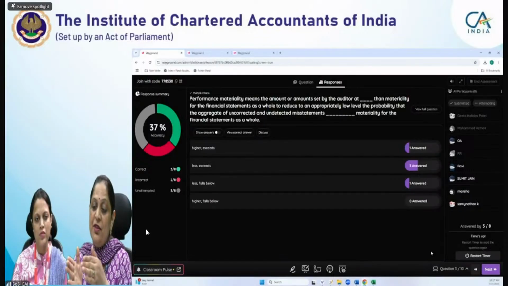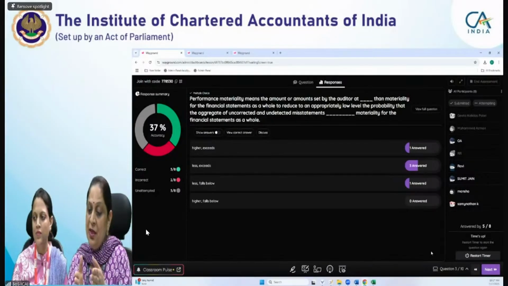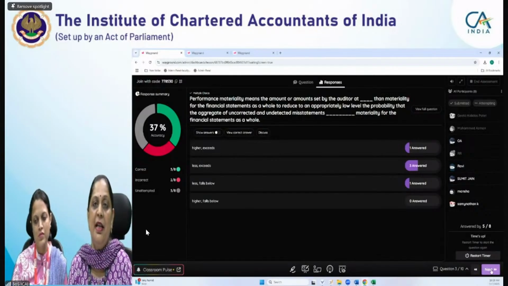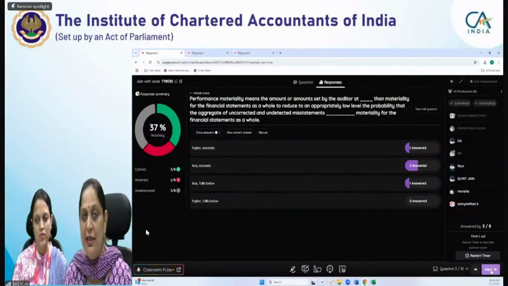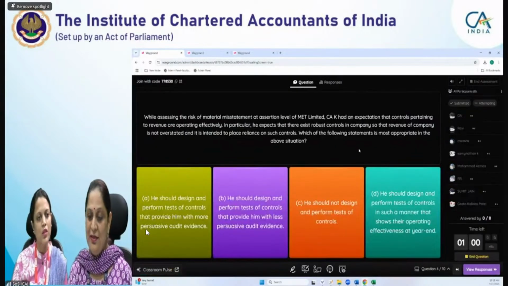So if the materiality level is low, the amount set for performance materiality is low, then definitely the undetected or uncorrected misstatement will exceed materiality for the financial statements as a whole. I hope it's clear to all of you. Moving towards the next question.